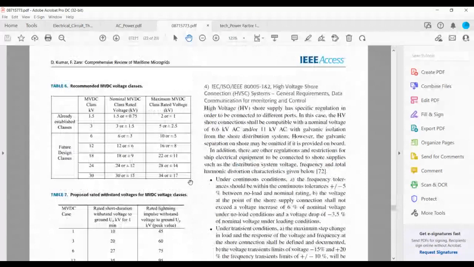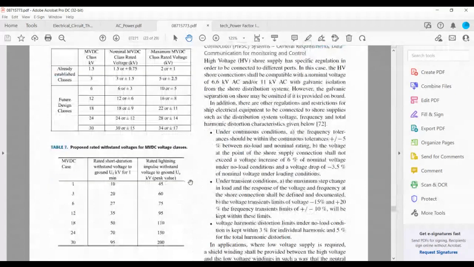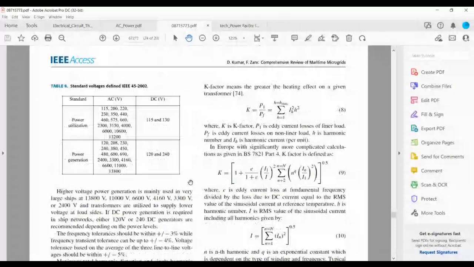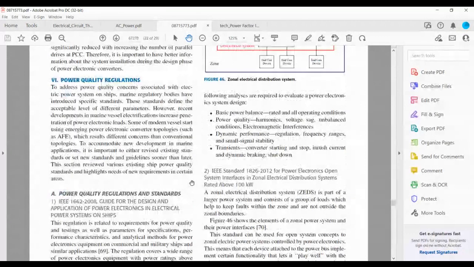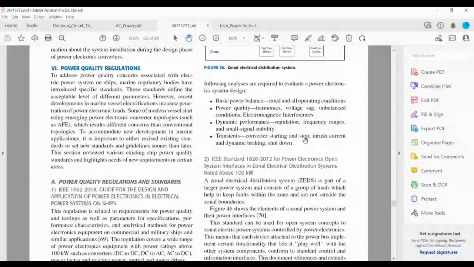Now, I'm having a look at something. I'm looking for this thing. I wanted to show you something, but anyway, I think the main point is that power factor is part of power quality. You have to look at your basic power balance rated in all operating conditions, your power quality, your harmonics, your voltage sag, your unbalanced conditions, your electromagnetic, your dynamic performance, which is regulation, frequency ranges, and your transients.